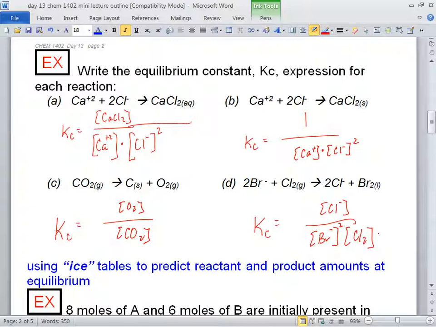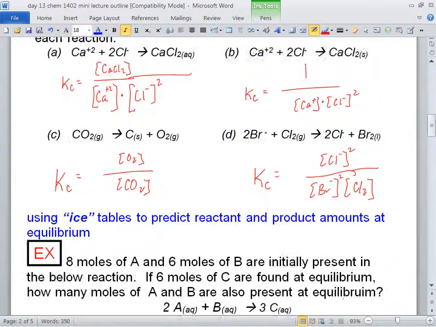And then exponent where? Yeah. Looks right. Everybody agree? Perfect. Okay. So that's part of the homework, writing equilibrium constant expressions. Just leave out what and what, everybody? Solids and liquids, and then you'll be fine.